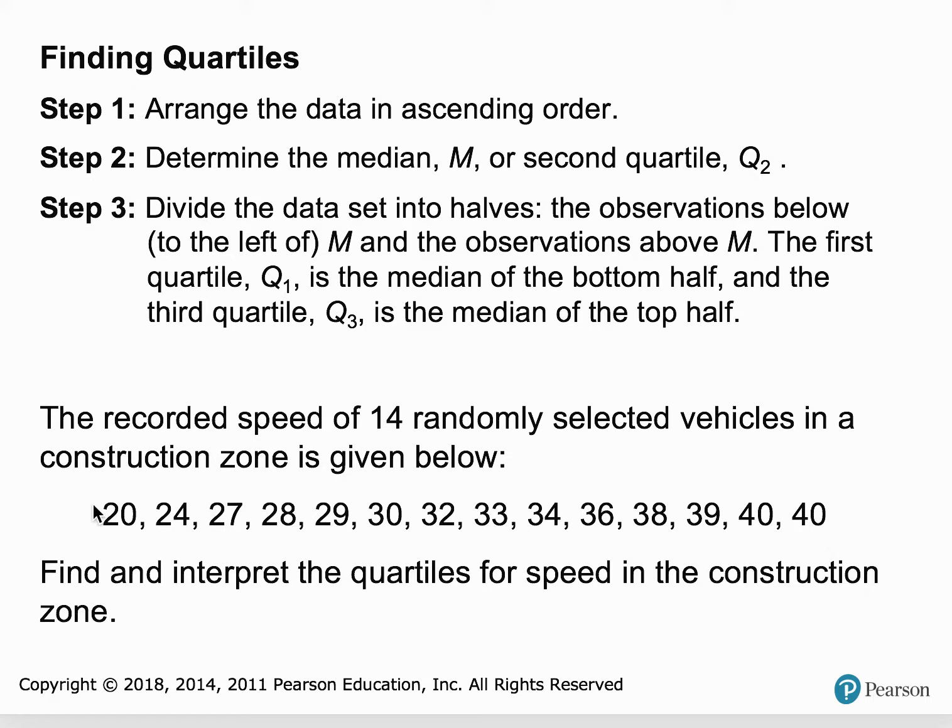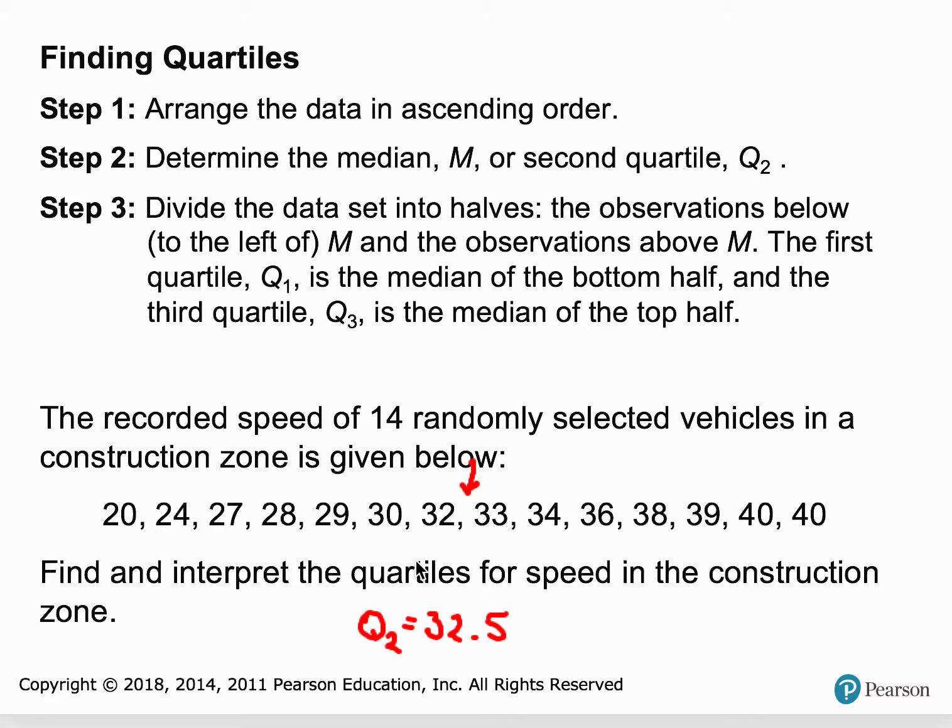So my median is at 7.5. Here's the median. That means the second quartile is 32.5, halfway in between 32 and 33.